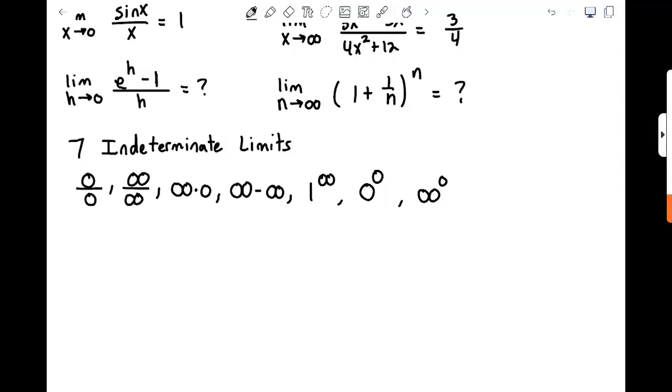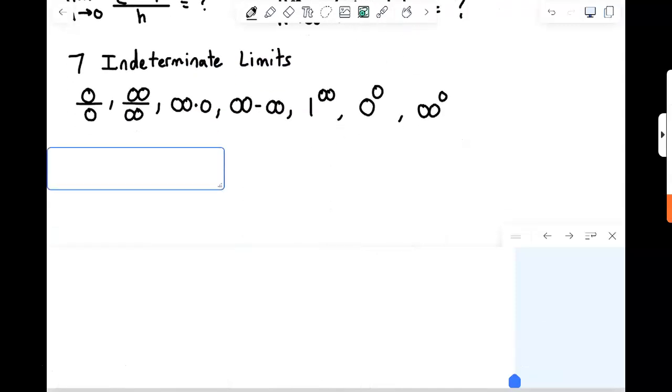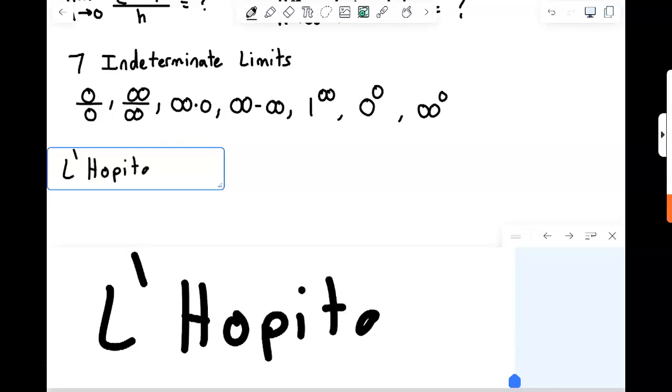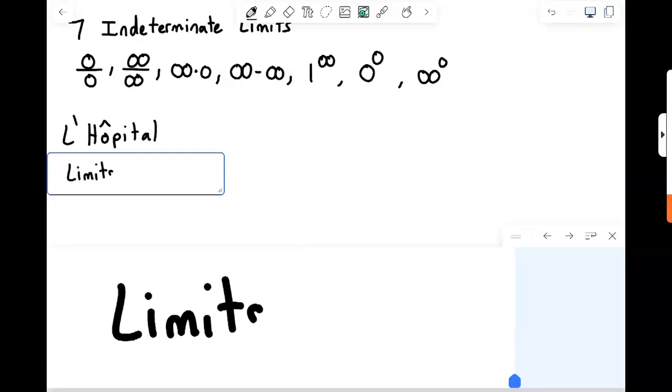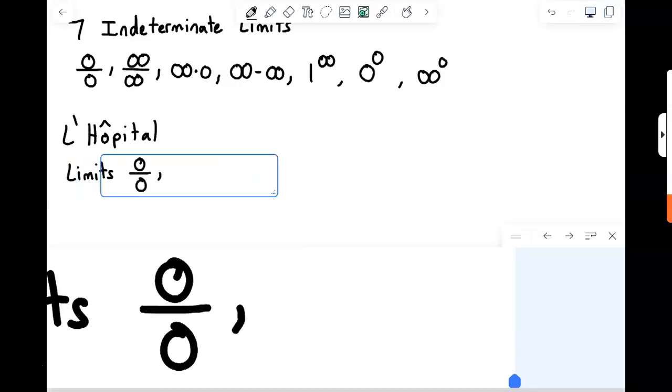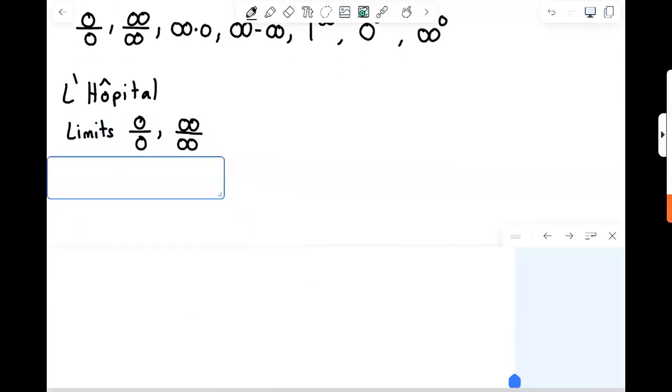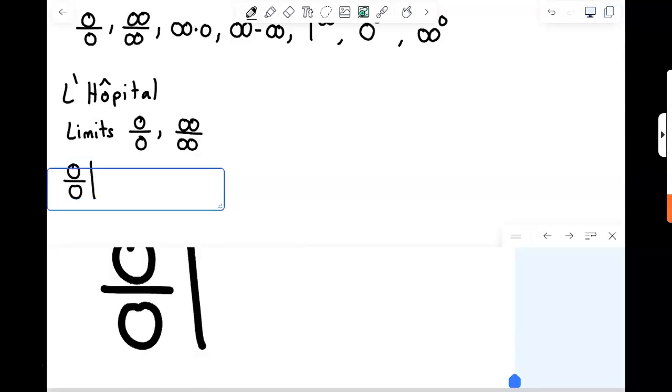L'Hopital's rule deals with limits that involve either 0 divided by 0 or infinity divided by infinity. The rule I'm going to give you here is for 0 over 0 limits.